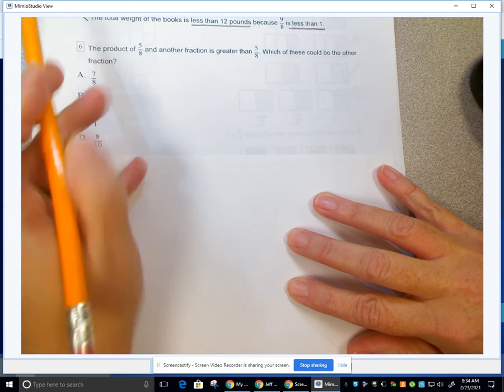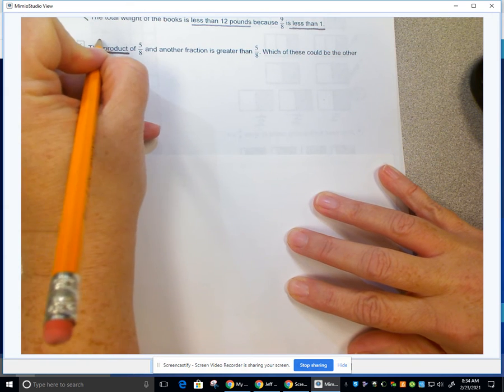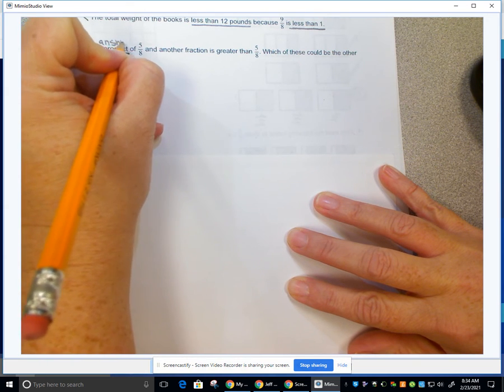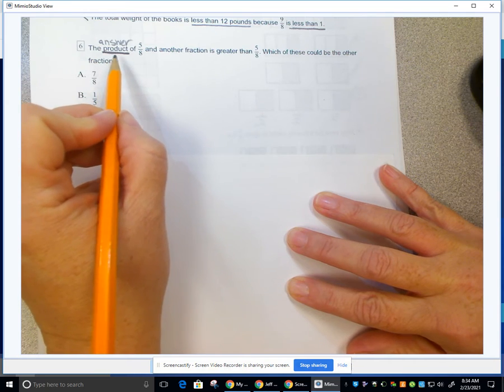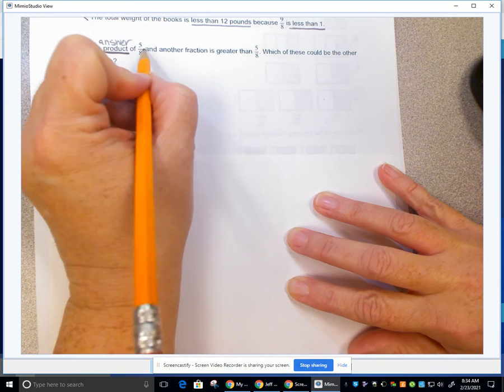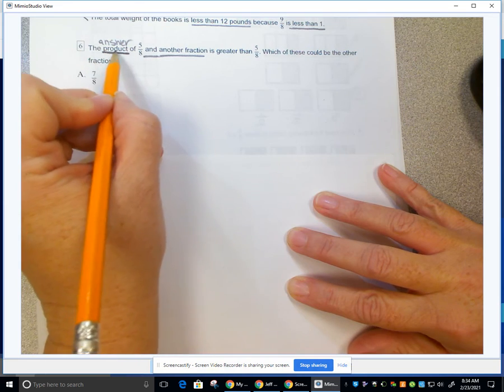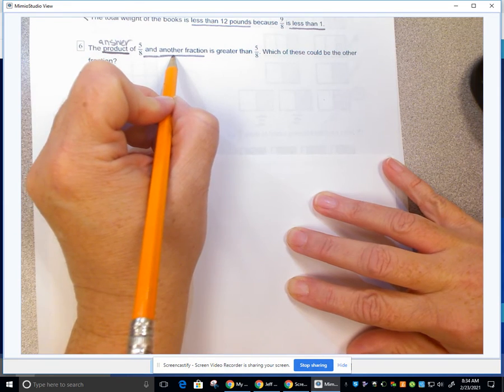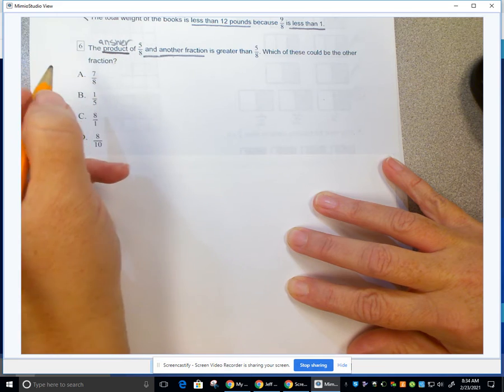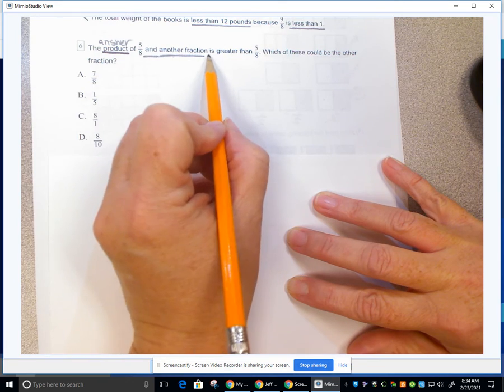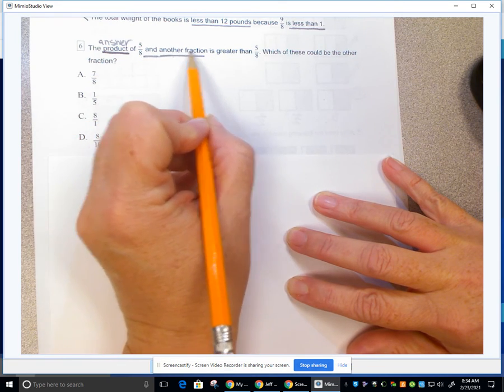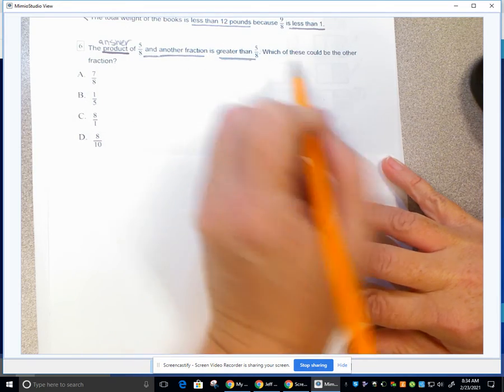The product, remember what product is, that's an answer when we multiply. The product of 5/8 and another fraction. So if I'm wanting the product of 5/8 and another fraction, that means I multiply them. Since the product of 5/8 and another fraction is greater than 5/8.